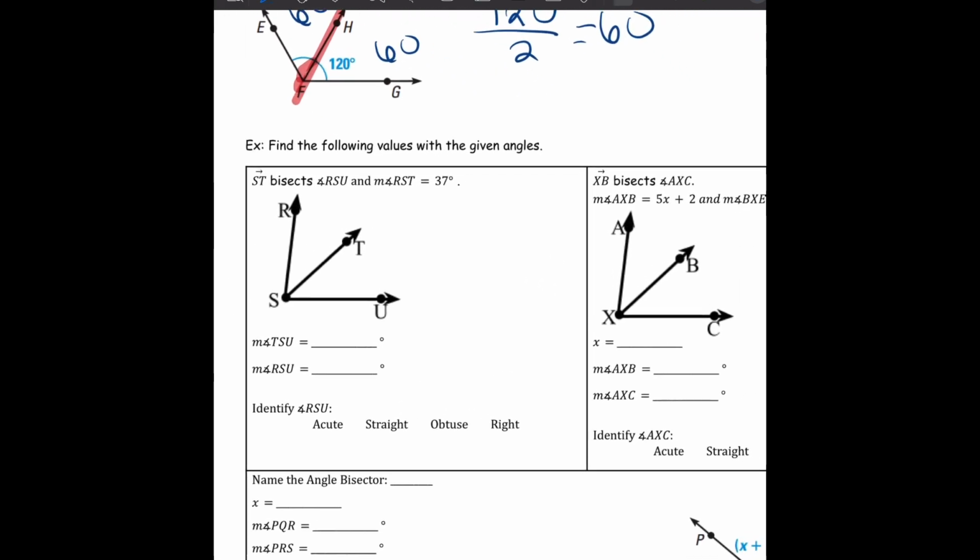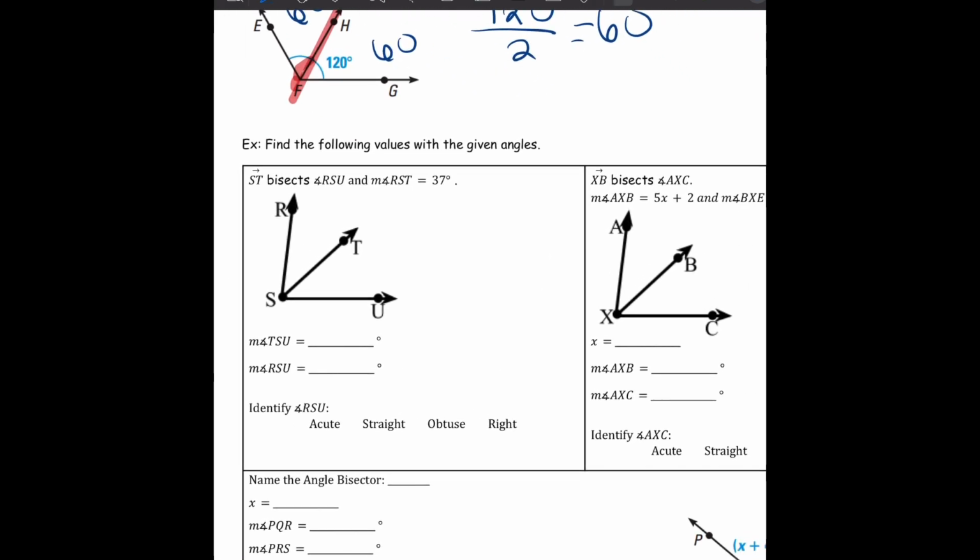The next example says find the angle. ST bisects angle RSU, and angle RST is 37. So that is 37, and this is an angle bisector, that means these are the same.